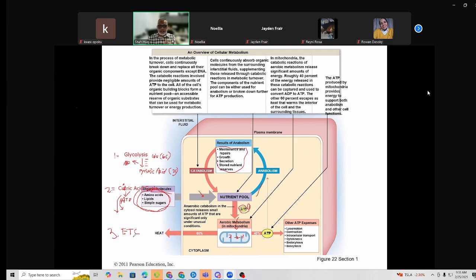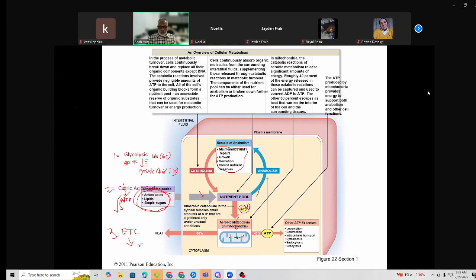And ETC is the third one, which is also taking place in the mitochondria using the materials which are produced in the second step, which is the citric acid cycle. ETC is the one which produces the major amount of ATP.